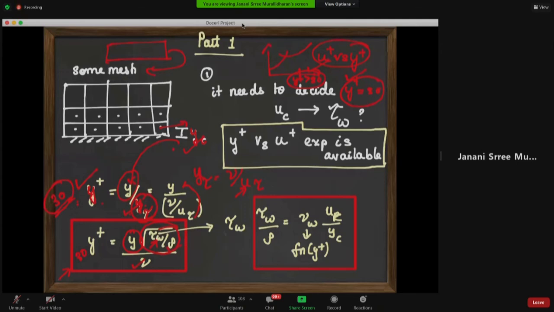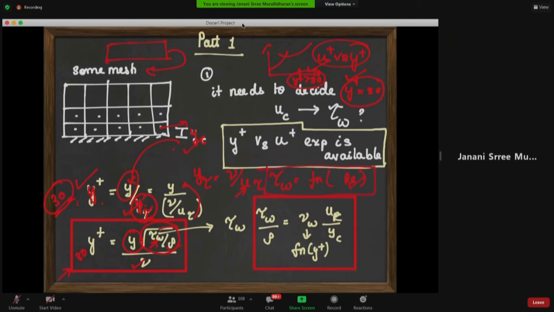Okay. Let's not get into too many details. Typically, what is done is there are standardized experimental values which will give you tau wall as some function of Reynolds number. If you look up any textbook, it will give you this expression. So what typically people do before they start meshing is, for internal flow, there's a standard expression.